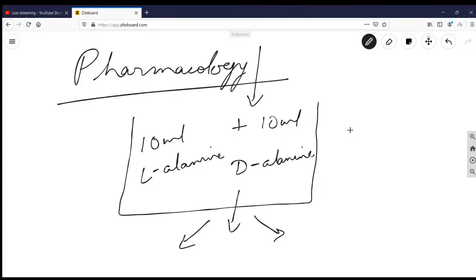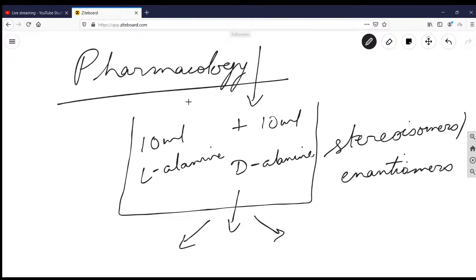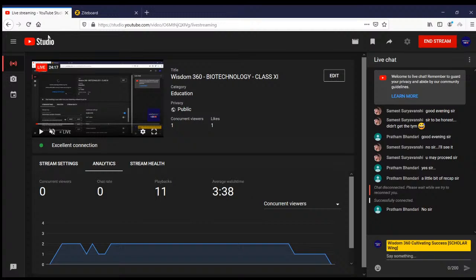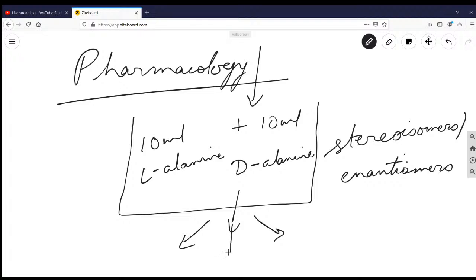I can call them enantiomers because they are mirror images but not superimposable. Now, which direction will they take? They will take no direction.